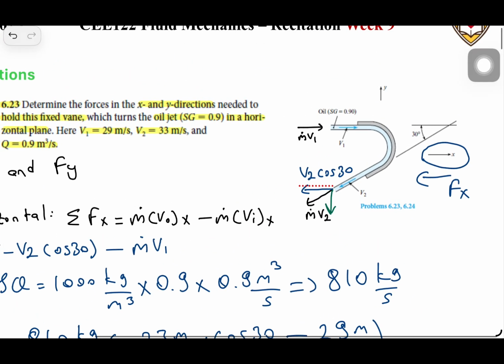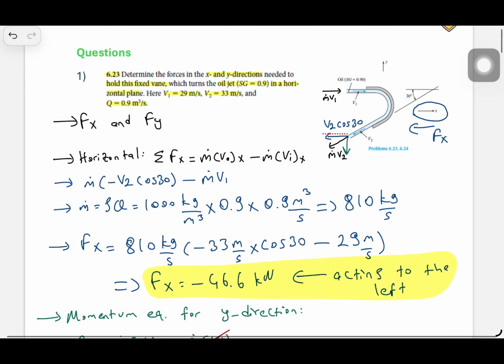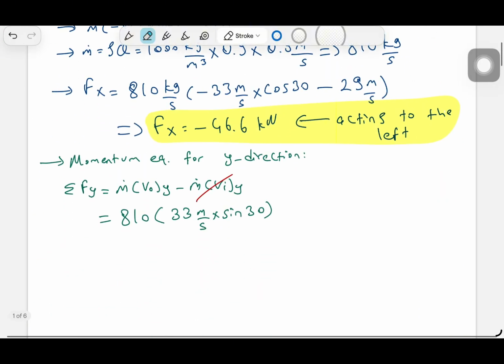As the question stated, the positive y direction is upward, but here we have downward. So we can say this is minus. And this is going to give minus 13.37 kilonewton.